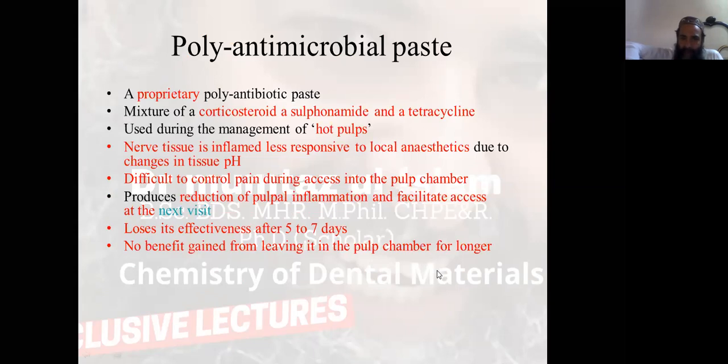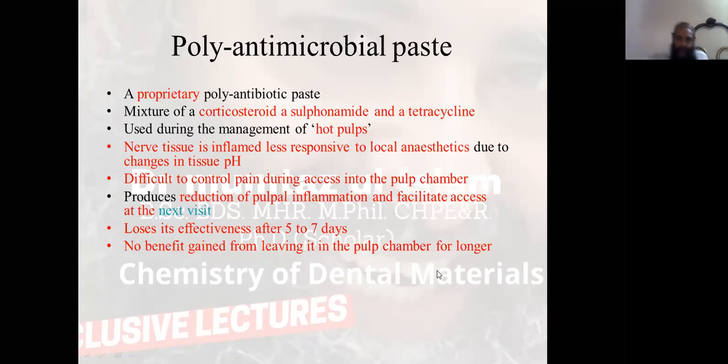Poly-antimicrobial paste, a proprietary polyantibiotic paste, which is a mixture of a corticosteroid, a sulfonamide, and a tetracycline. And this is used during the management of hot pulps. Hot pulps mean the nerve tissue is inflamed and less responsive to local anesthetics due to changes in tissue pH.